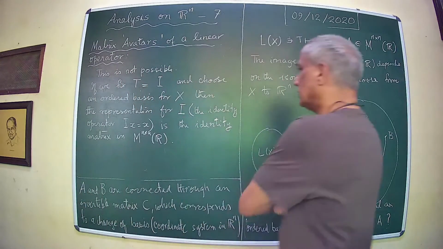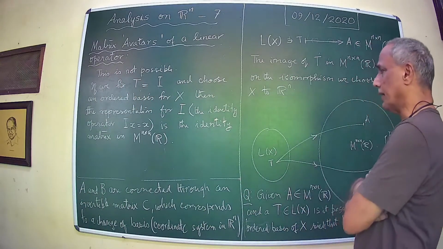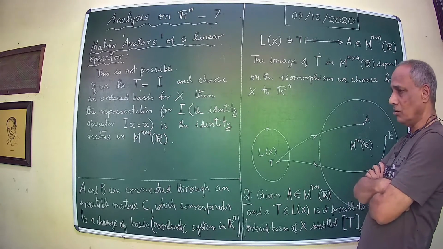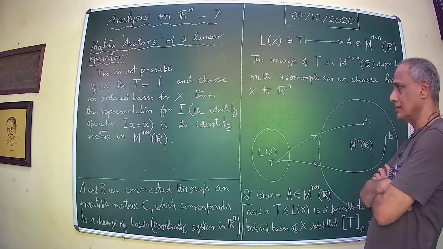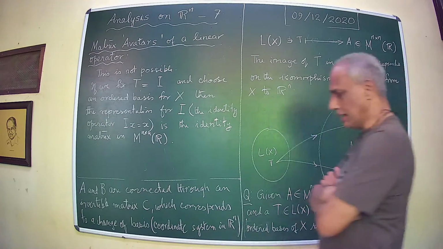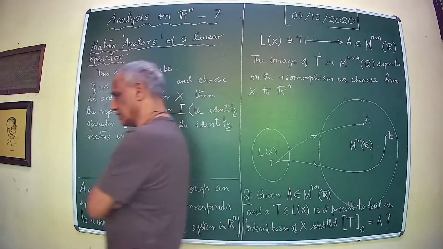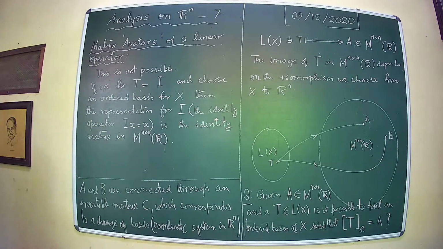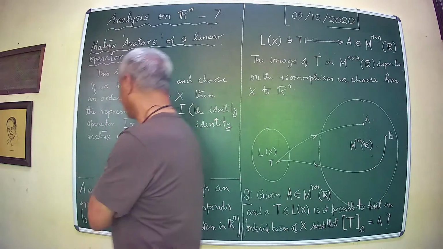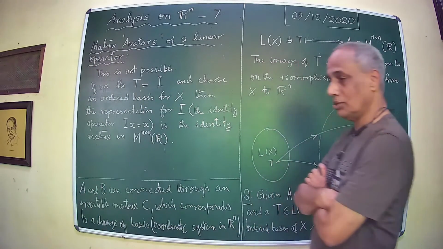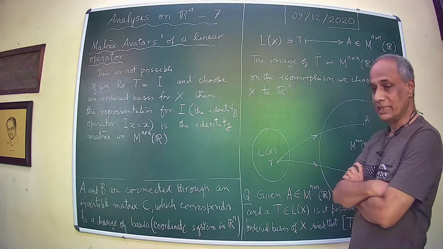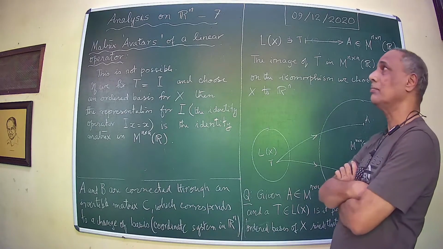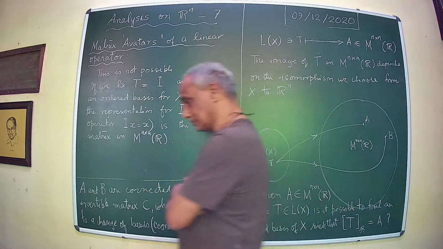In fact, you see that for any choice of the ordered basis, the identity map is represented by the identity matrix. This is the important thing.